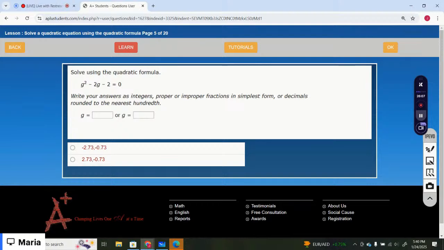The correct option is option number 1, that is negative 0.73 and negative 2.73.